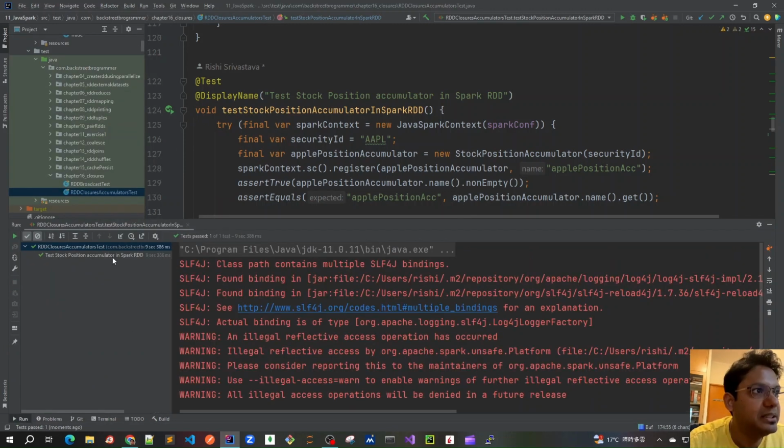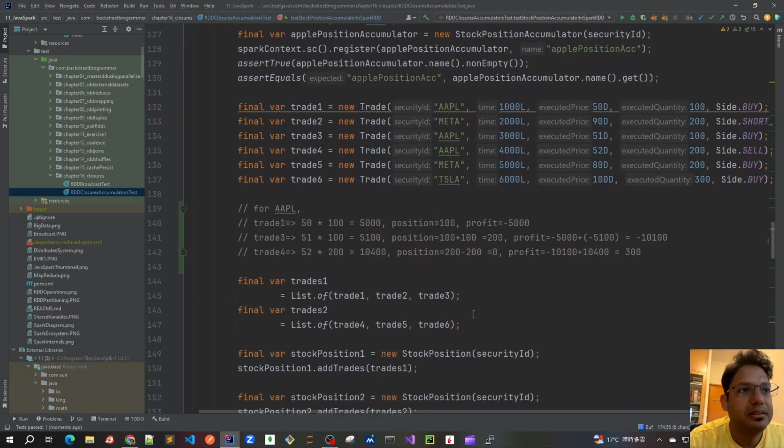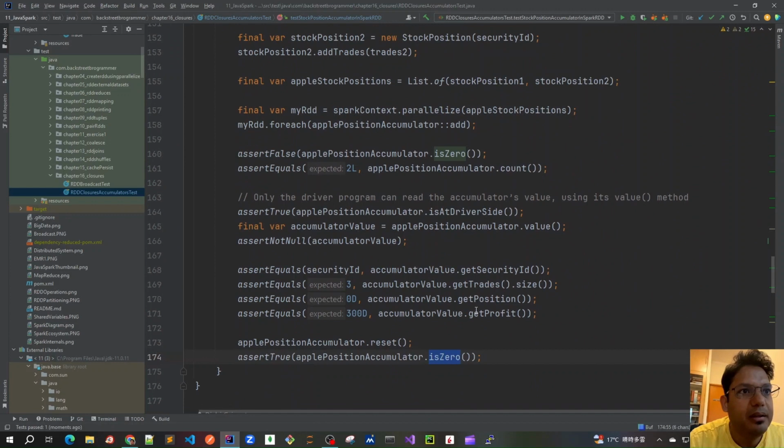As expected, our test case worked well and everything is good. All our assertions here were good, and the position and the profit after the 3 trades of Apple were all good. So it keeps on doing it throughout the day, if you're trying to do the accumulation of position and profit. We can extend the same concept for calculating risks, P&L values, etc. We can just create an accumulator, and based on the trades, we can calculate the risks associated with it.